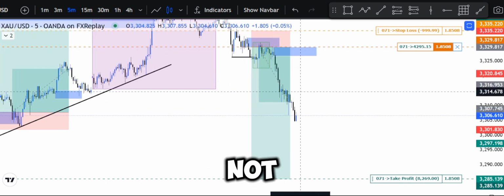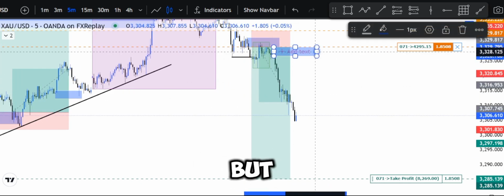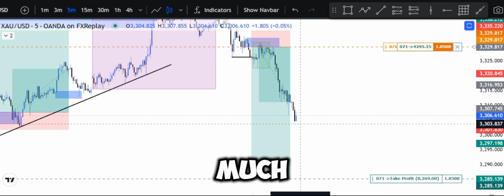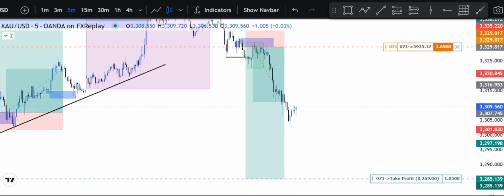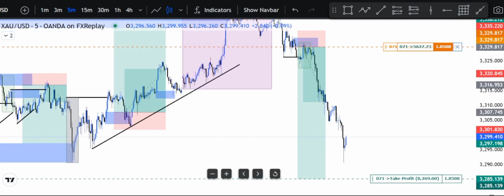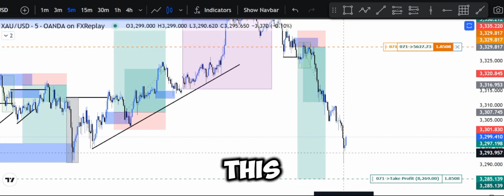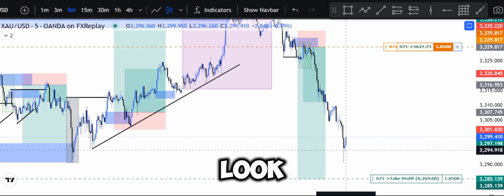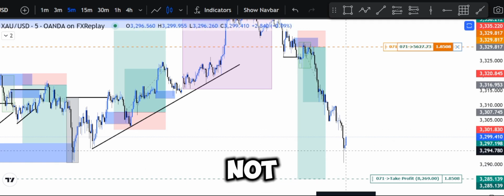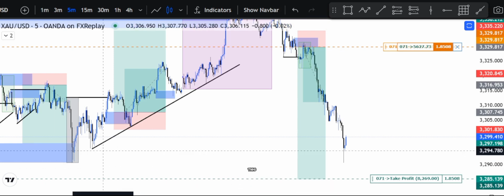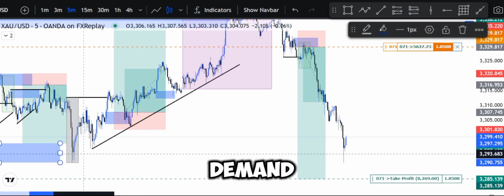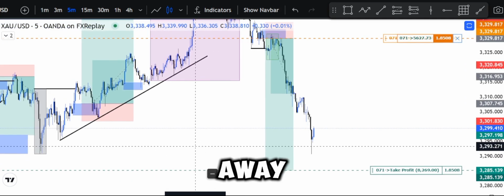No, this does not look like it will come back. I would have taken this one, but it won't come back. It moves so much. This does not look good. Rejection from this low, but this low is not a valid demand. It should take it away.